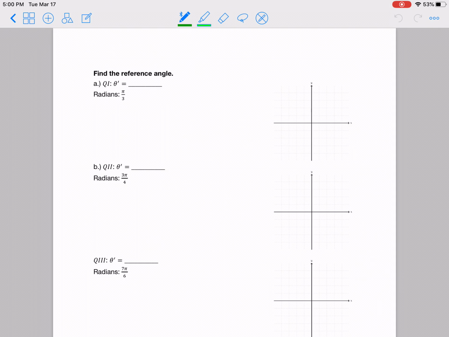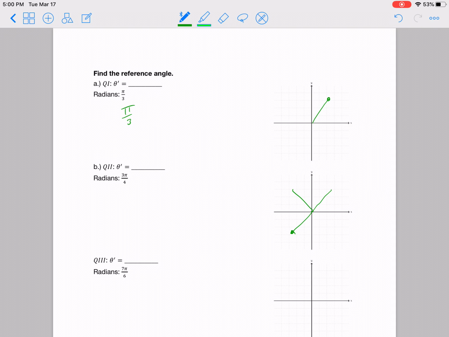So let's take a look over here. Let's find the reference angle for pi over 3. That one's pretty simple. It's going to be right here. It's already in that first quadrant, so it is just pi over 3. That's our reference angle. The next one is 3 pi over 4. So we go pi over 4, 2 pi over 4, 3 pi over 4. We're right here.